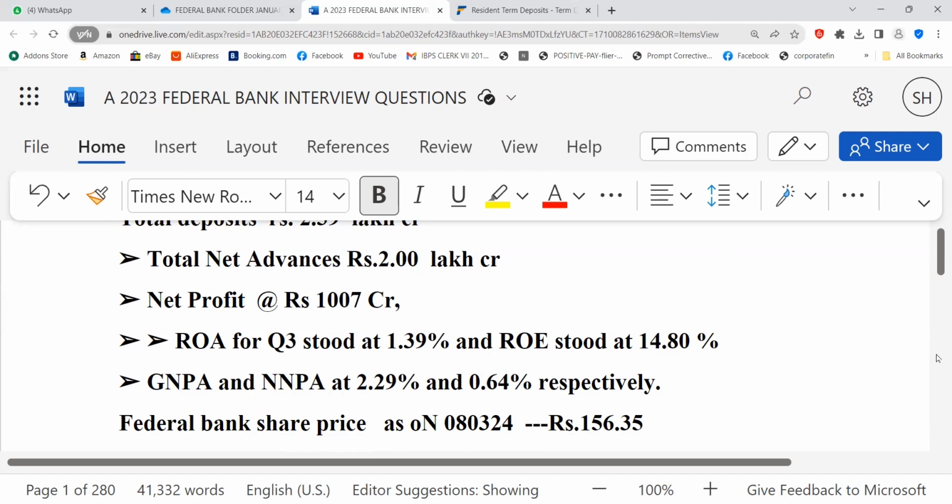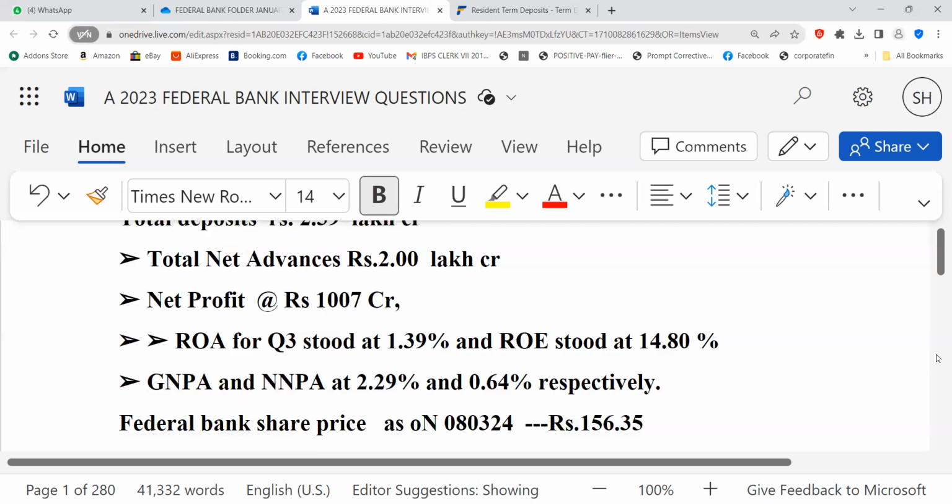Quarter 2 is 1st July to 30th September. Quarter 3 is 1st October to 31st December. Quarter 4 is 1st January to 31st March.